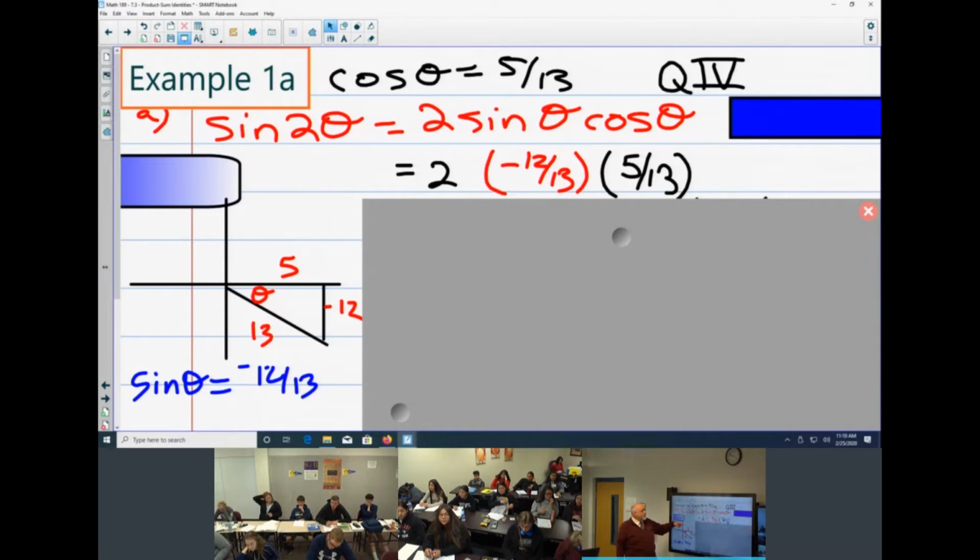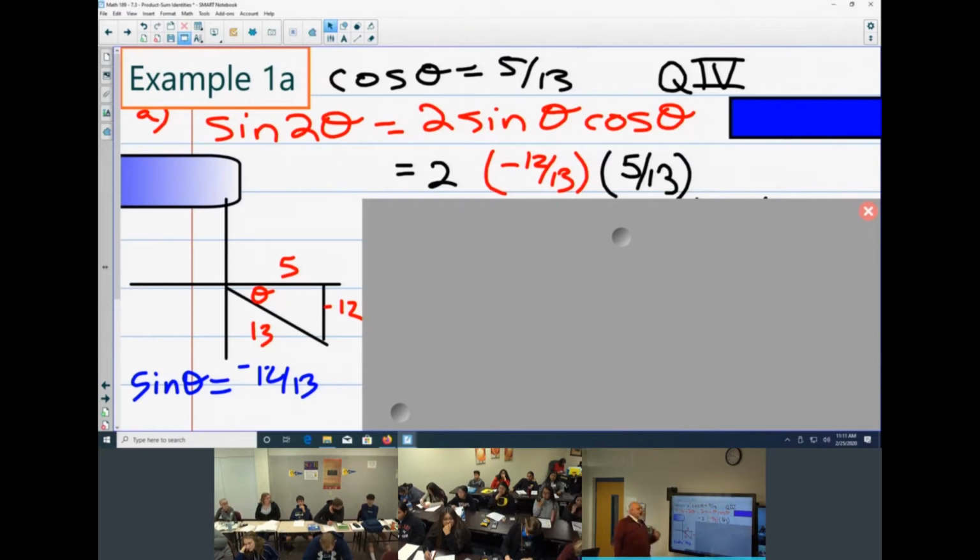The cosine is adjacent over hypotenuse, so I drew the adjacent as 5 and the hypotenuse as 13, and the length of this other side is 12. But since it's going down, I labeled it negative 12. I could just label it 12, but then put the negative when I'm writing the sine, because the sine is negative in quadrant 4.